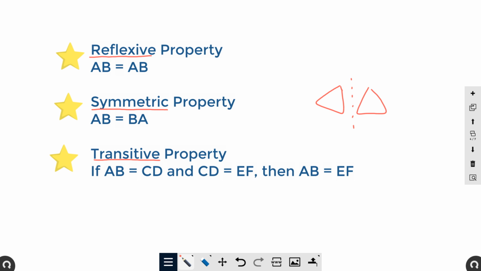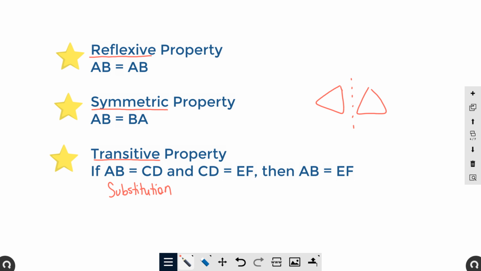AB is the same as BA, right? These are the same things, just reversed in order. The transitive property is very similar to substitution, except with the transitive property, we deal with 3 things. The transitive property says, if AB equals CD and CD equals EF, then AB is equal to EF.